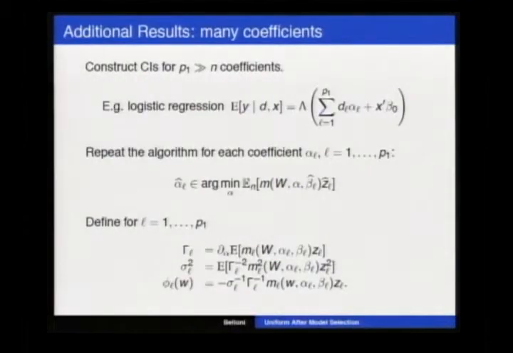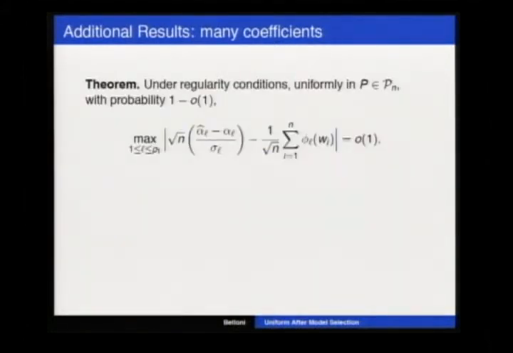So you can define these quantities based on the moment conditions. But the bottom line is that you can actually get this representation for your error that will allow you to do inference.